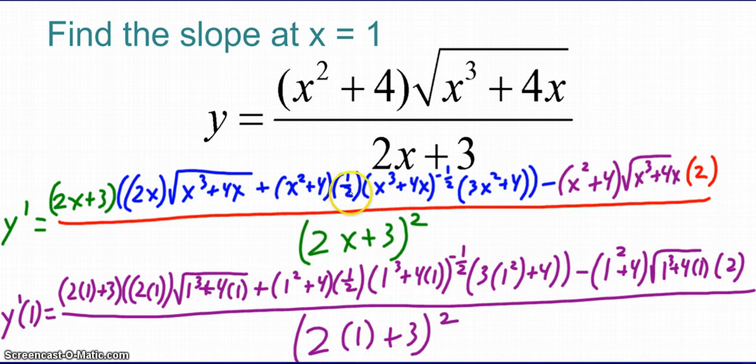So I bring down the exponent 1/2 times x cubed plus 4x to the negative 1/2 times the derivative of the inside, which is 3x squared plus 4. Now I go back to using the quotient rule, so it's minus the top, so I just rewrite the top, times the derivative of the bottom, which is just 2, all over the bottom squared.